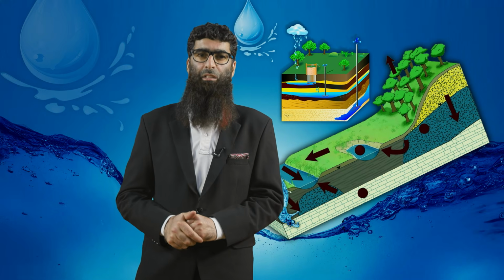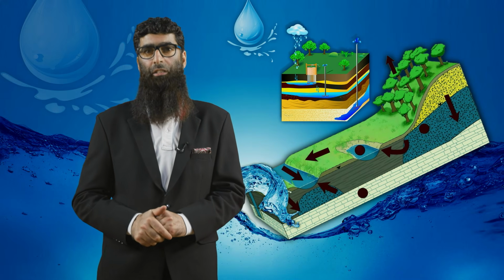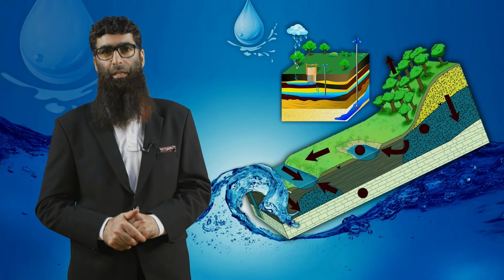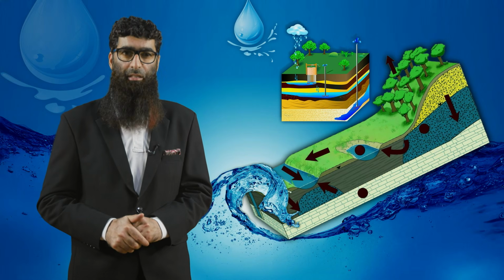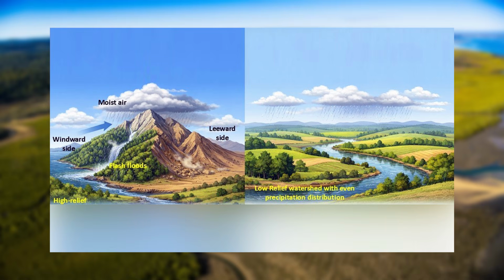It has been observed that mountainous regions with high relief receive high intensity, short duration rainfall, thereby generating flash floods, faster runoff, and debris flow. Conversely, watersheds with low relief have more even precipitation and show a steady hydrological response.